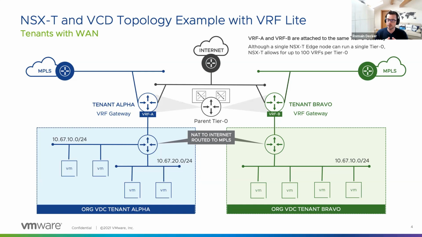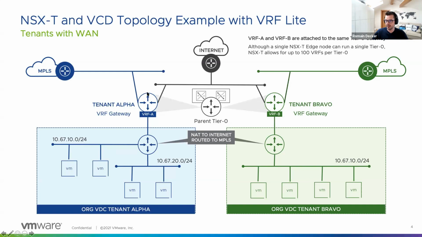It's the way of splitting and having isolation between route and forwarding tables inside the same routing component. We introduced in 10.2 the support in VCD to import a VRF as an external network. The big benefit is that one parent T0 can run up to 100 VRF instances, so we are multiplying by 100 the maximum scale of the infrastructure.